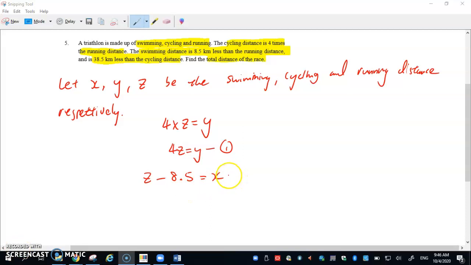And we label this equation as number 2. Also at the same time, the swimming distance is also 38.5 km less than the cycling distance. So we have y minus 38.5 equals, sorry, equals x. And this will be labeled as 3.